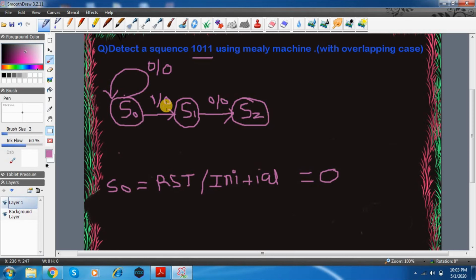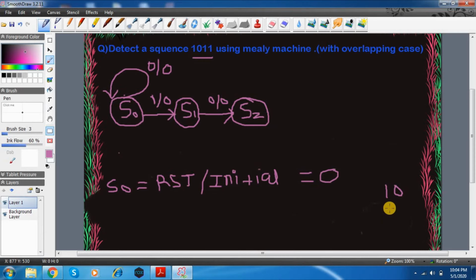One thing you have to keep in mind is that output is 0 here, 0 here, and it will always be 0 until the whole sequence is detected completely. Till now the sequence detected is 1 0. So when 1 0 is detected, S1 goes to S2.